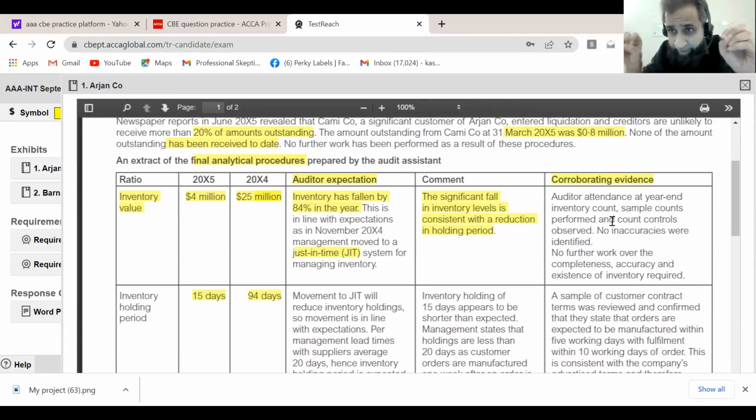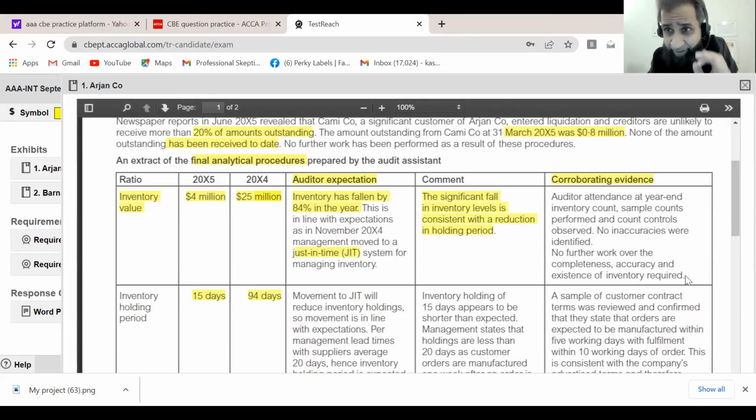And the auditor attended the year-end count. That is three good things. No further work over completeness, accuracy, and existence of inventory is required. So the auditor is saying that because we have done so much, no further work is required over completeness, accuracy, and existence of the inventory.